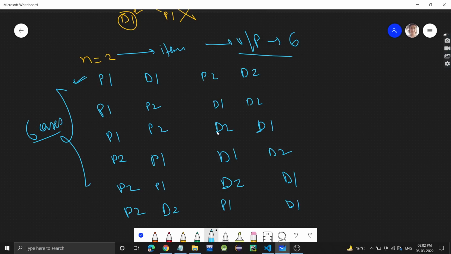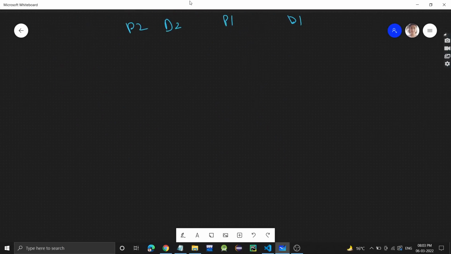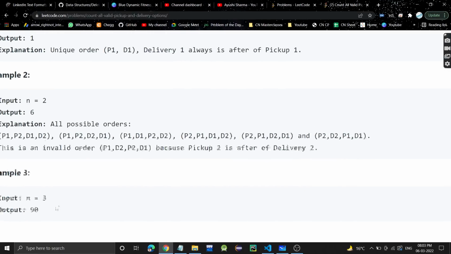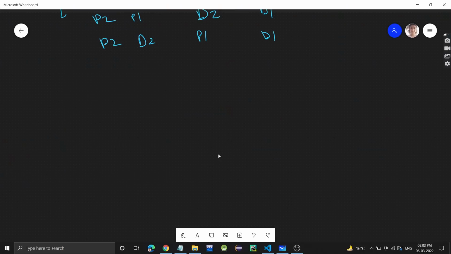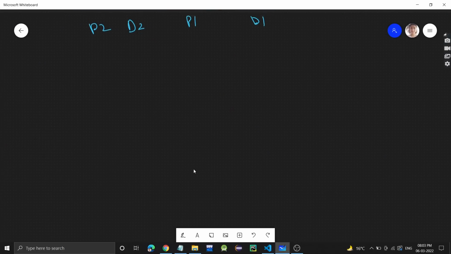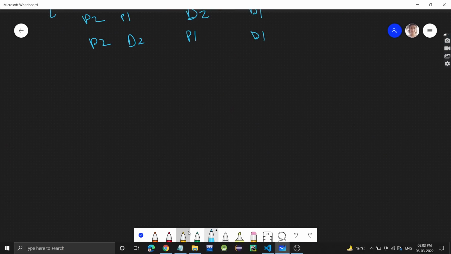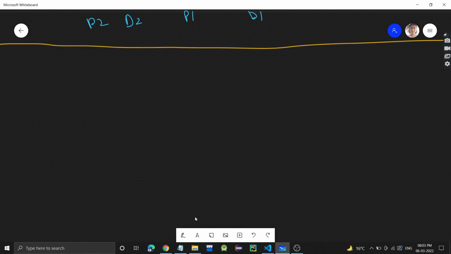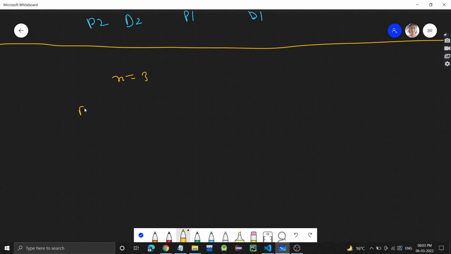Fine. Now let's discuss for n is equal to 3. For n is equal to 3, output is 90. Fine. So let's see how it's 90. We'll not see all the cases obviously, but let's see how we can make it. So see, for n is equal to 3, there will be P1, P2, P3 and there will be D1, D2 and D3.